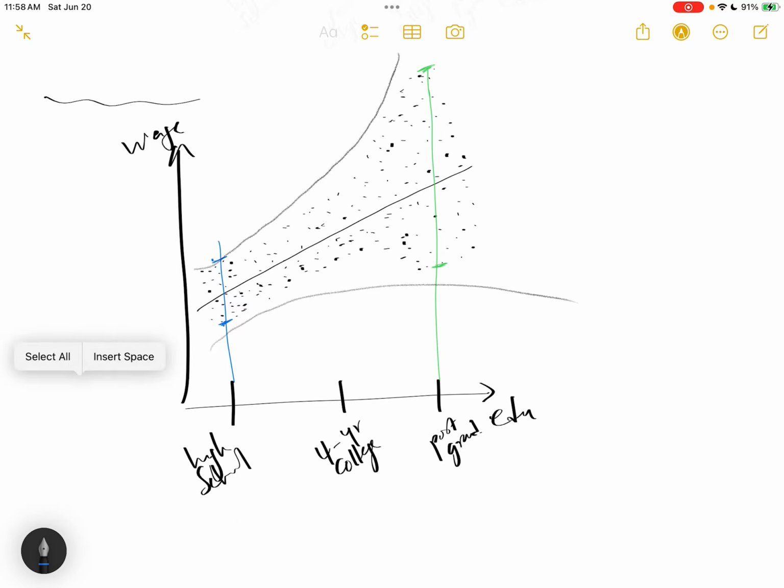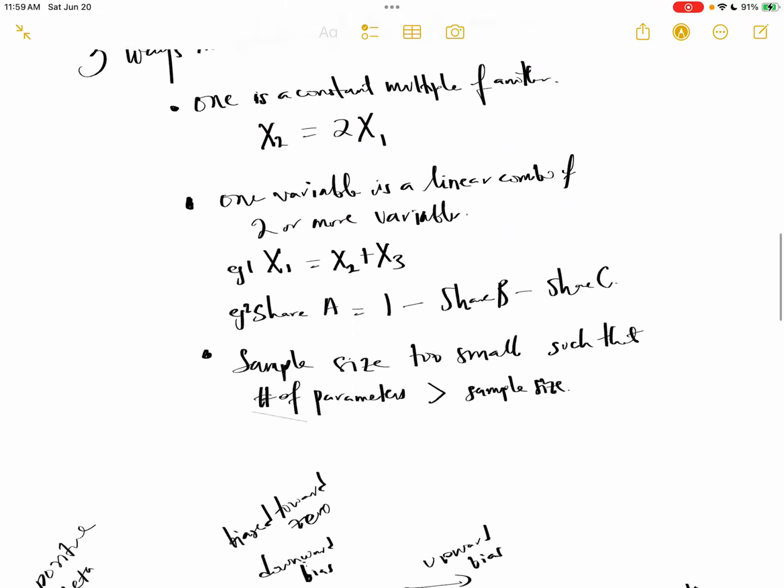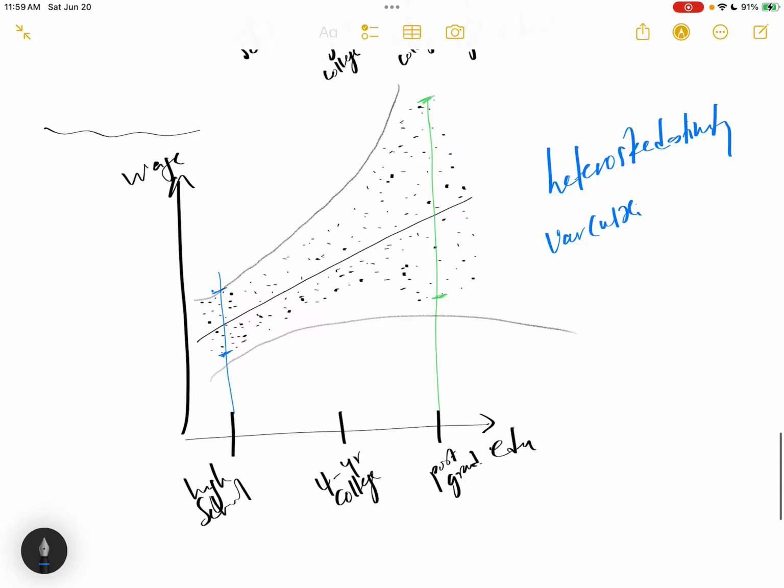This is known as heteroscedasticity, where the variation in wage grows with the levels of education. The variation in wage gets wider with the levels of education. That's heteroscedasticity. And the variance is sigma squared times some function of x.